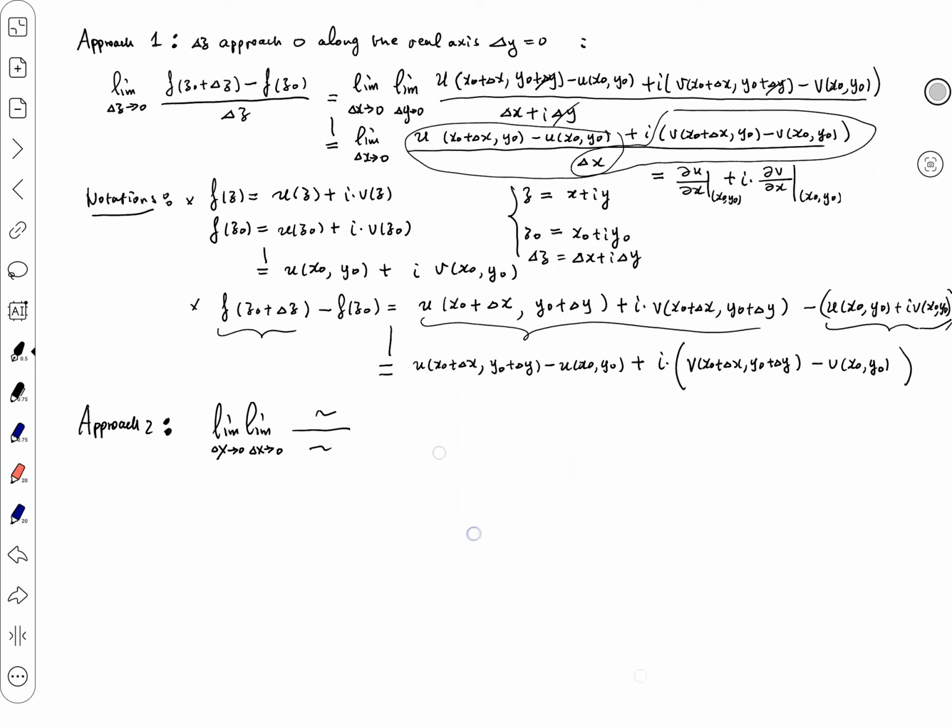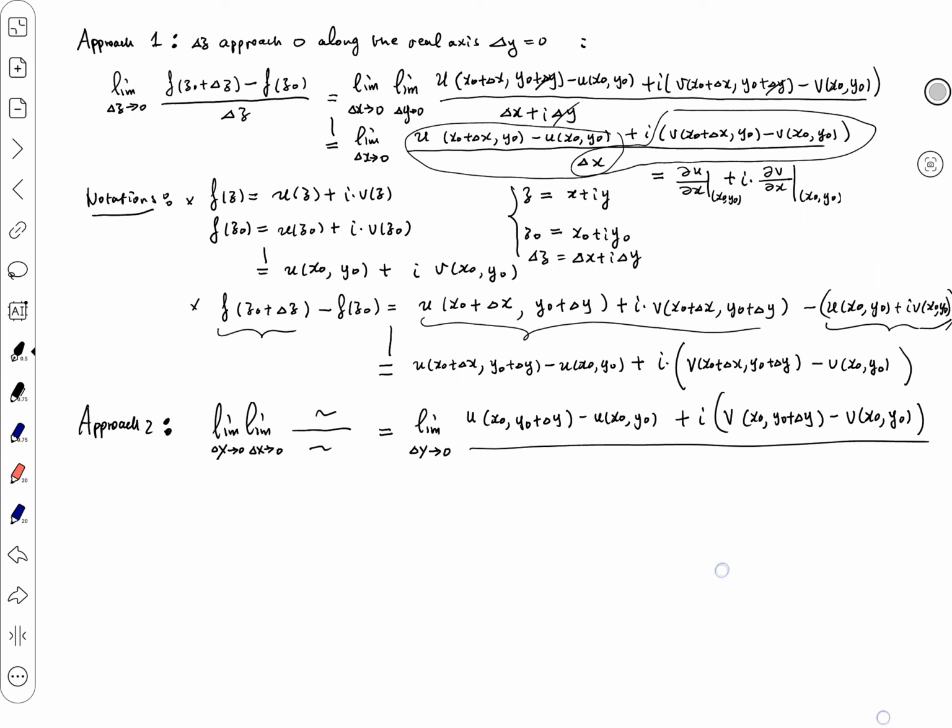After the first step, what you got is u(x naught, y naught plus delta y) minus u(x naught, y naught), plus i times v(x naught, y naught plus delta y) minus v(x naught, y naught), and then divided by delta y.